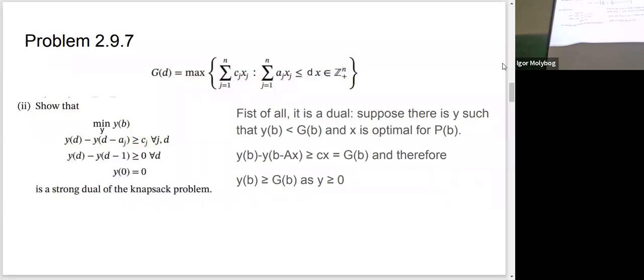And now we take this inequality and the inequality up here, and we add them up. What we get is y of b minus y of b minus 2a1 minus a2 is greater than or equal to 2c1 plus c2.